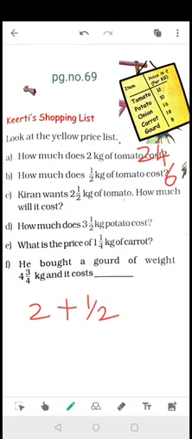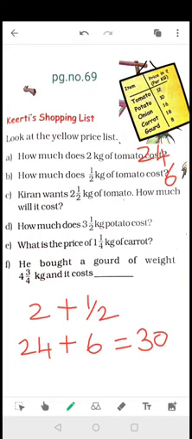What is the cost of 2 kg of tomato? 24, plus half kg of tomato is 6 rupees, and total 30 rupees. The cost of 2.5 kg of tomato is 30. You can put the rupees symbol in front of the answer.